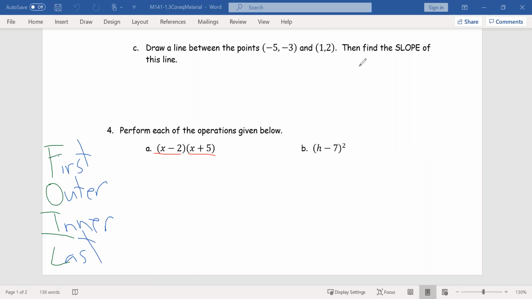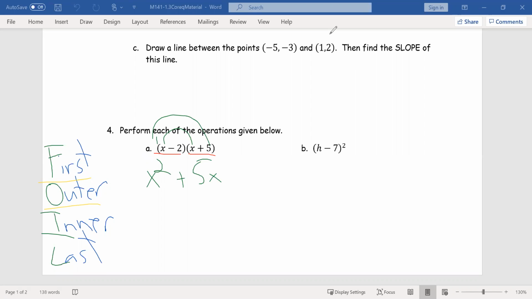First means to multiply the first term in each expression. So we take the first x times the second x, that'll give us x squared. The outer means to multiply the two outside terms. So the x times the 5, the plus 5, we're going to keep the sign with it. So x times plus 5 gives us plus 5x.